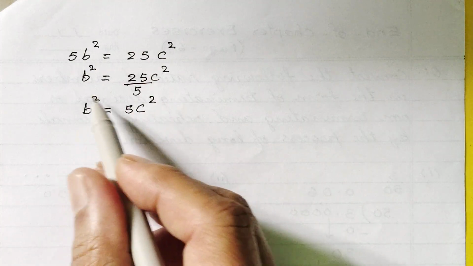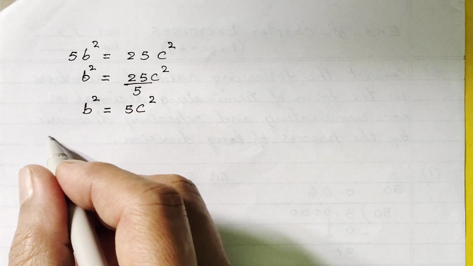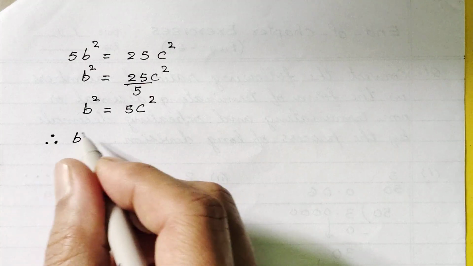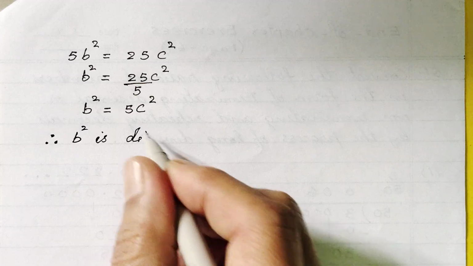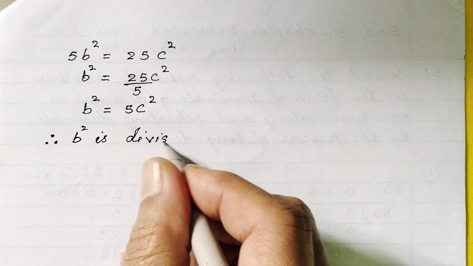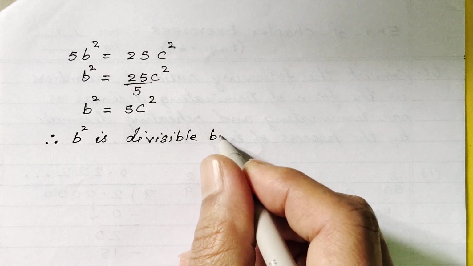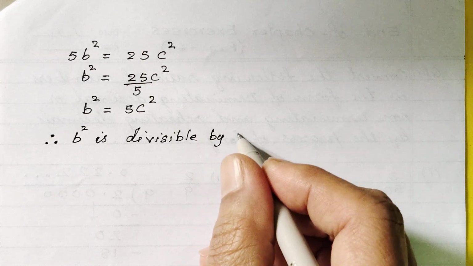You can see here b square is equal to 5c square. That means b square is a multiple of 5. Therefore, b square is divisible by 5.